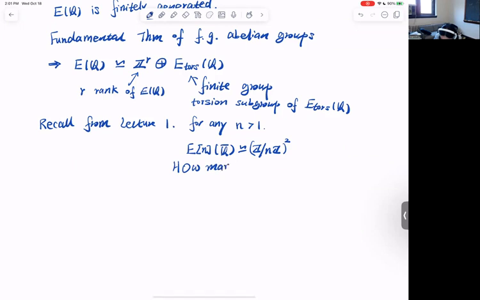But then the question is, how many of these n-torsion points are actually defined over Q? We also know the answer to this question.